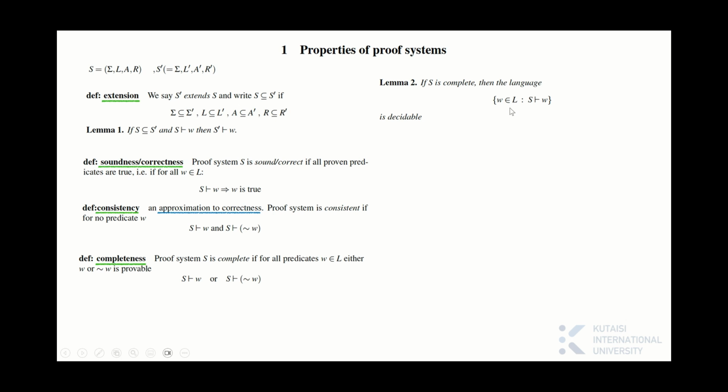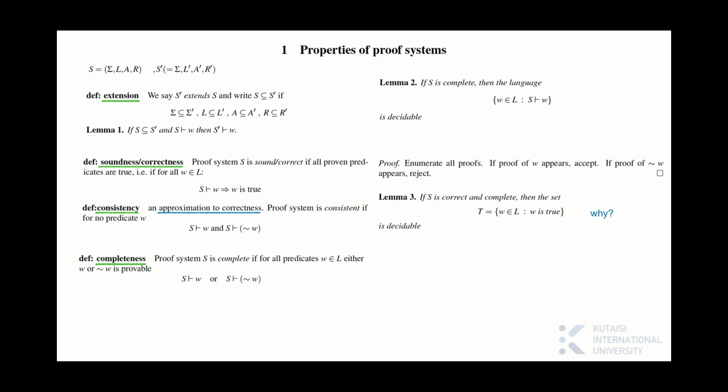If you find not W, then you say no, and if you find the proof of W, you accept. Yeah, here it is. If W appears, accept. If not W appears, you reject.